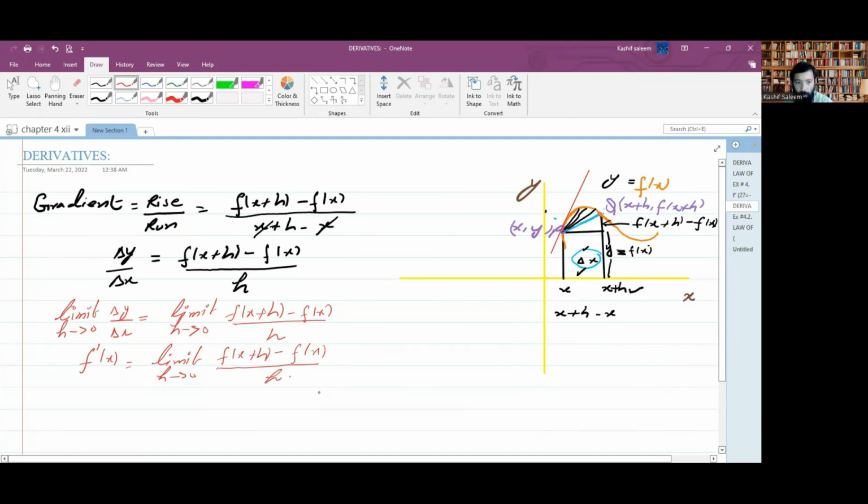This is what we call the first principle method, or ab initio method, of finding derivatives.